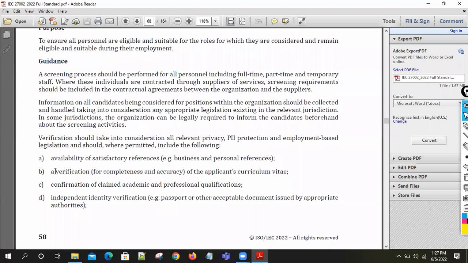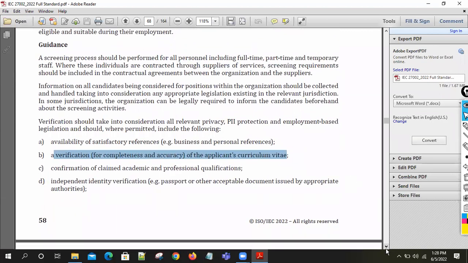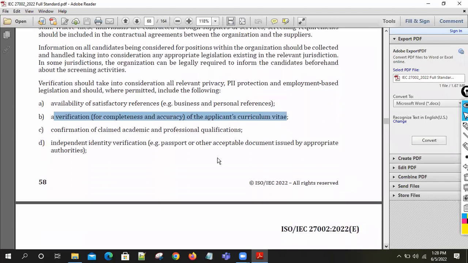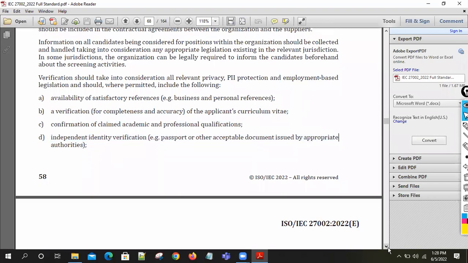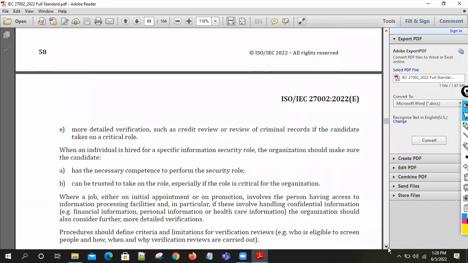The applicant's CV you will see, and accordingly you will verify it. Confirmation of claimed academic and professional qualifications, independent identity verification like passport or other documents given by the candidates at the time of joining.